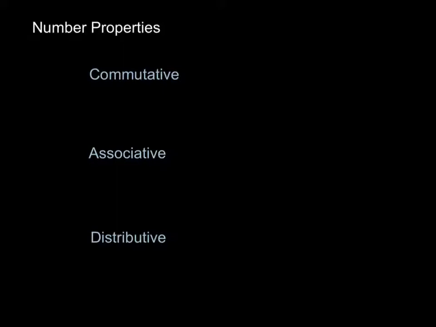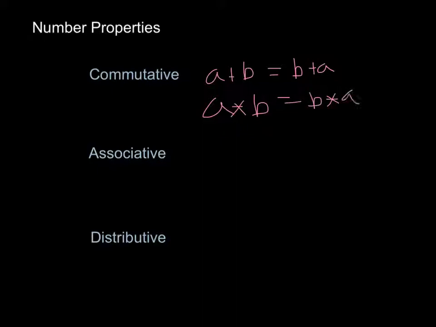So the commutative property really just says that for addition and for multiplication, it doesn't matter what order you do the operation. So A plus B is the same as B plus A, and A times B is the same as B times A. And you can see how this works for actual numbers.